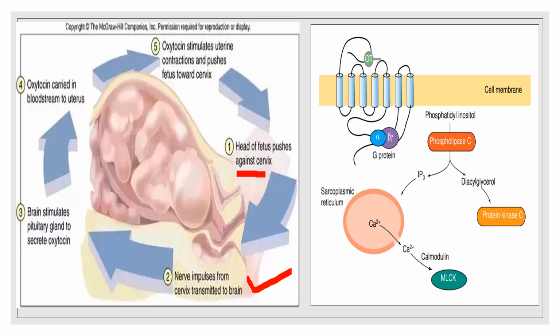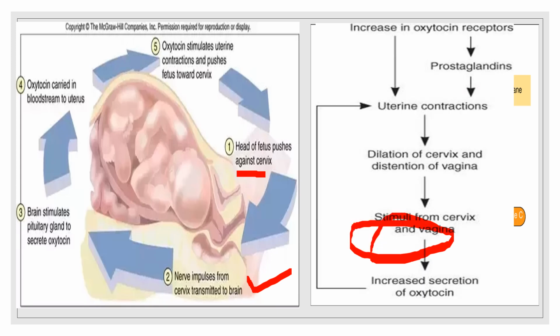This oxytocin is very important. What is the mechanism of action? Oxytocin has its receptor on the myometrium. It binds with its receptor and the intracellular calcium concentration becomes very high. This results in a positive feedback loop that aids the delivery and terminates on expulsion of the product of conception.